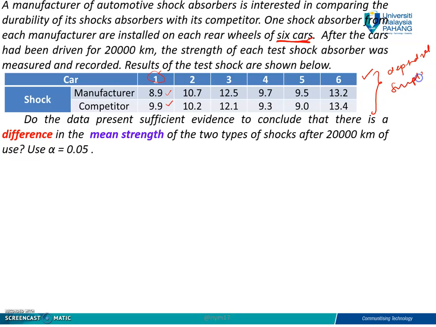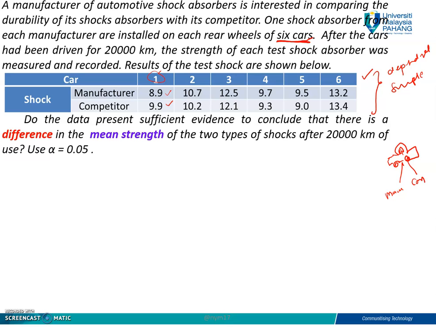Because from one car you have 2 measurements, one from the manufacturer, the other one from the competitor. Okay, so this is called dependent sample or dependent data.